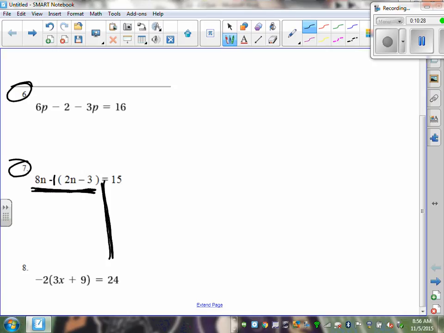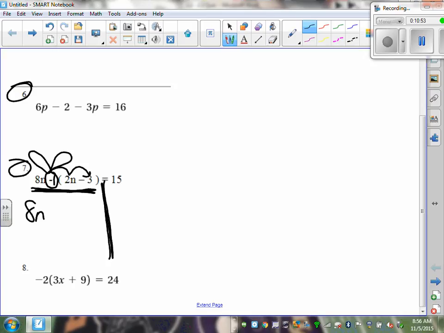But first, our order of operations says we have to take care of the parentheses. So let's rewrite this: 8n, but this negative 1, circle it, take that rabbit, and we're going to hop and multiply with both numbers.